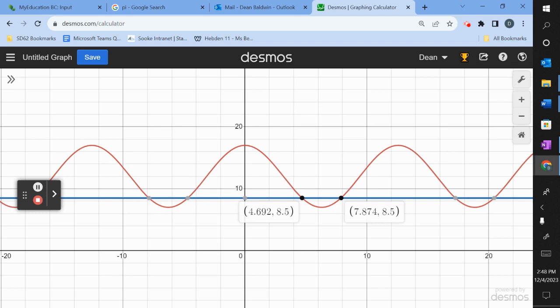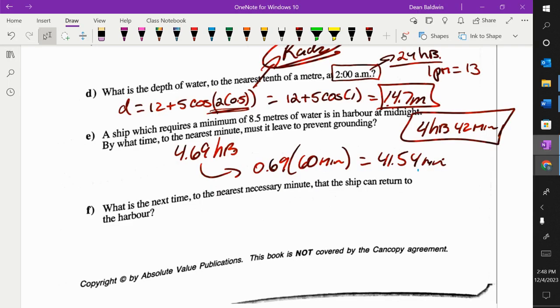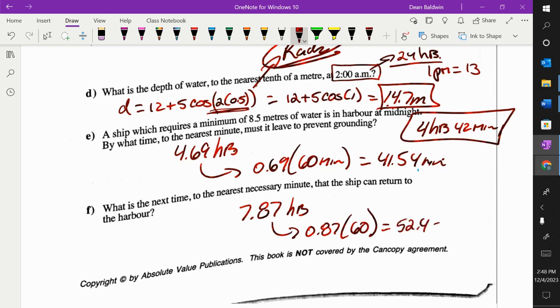So that's 7 hours and 52.4 minutes, which will round to 53. So 7 hours and 53 minutes. So at 7:53. Does that make sense?